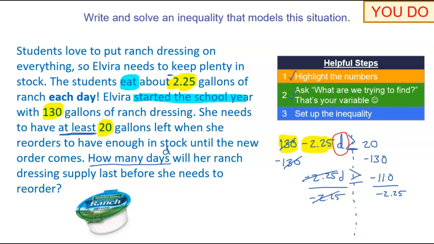These will cancel, but notice, this is one of those special cases. We divided by a negative, so we need to flip that sign now before we forget. On the left side, we get just D left. On the right side, we have negative 110 divided by negative 2.25. A negative divided by a negative is a positive. And 110 divided by 2.25 is 48.8, repeating forever. So D is less than or equal to 48.88888.